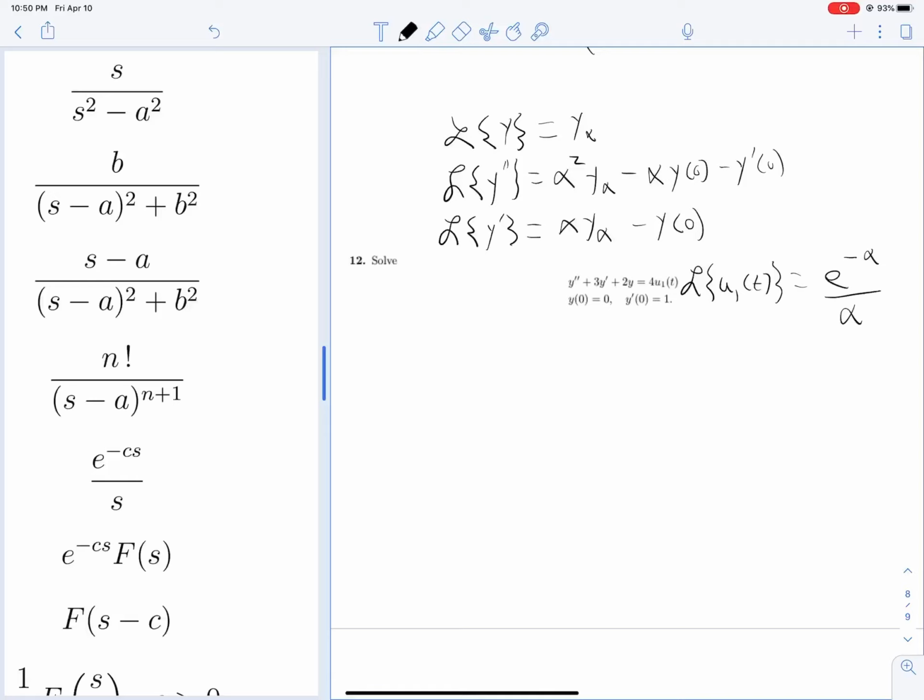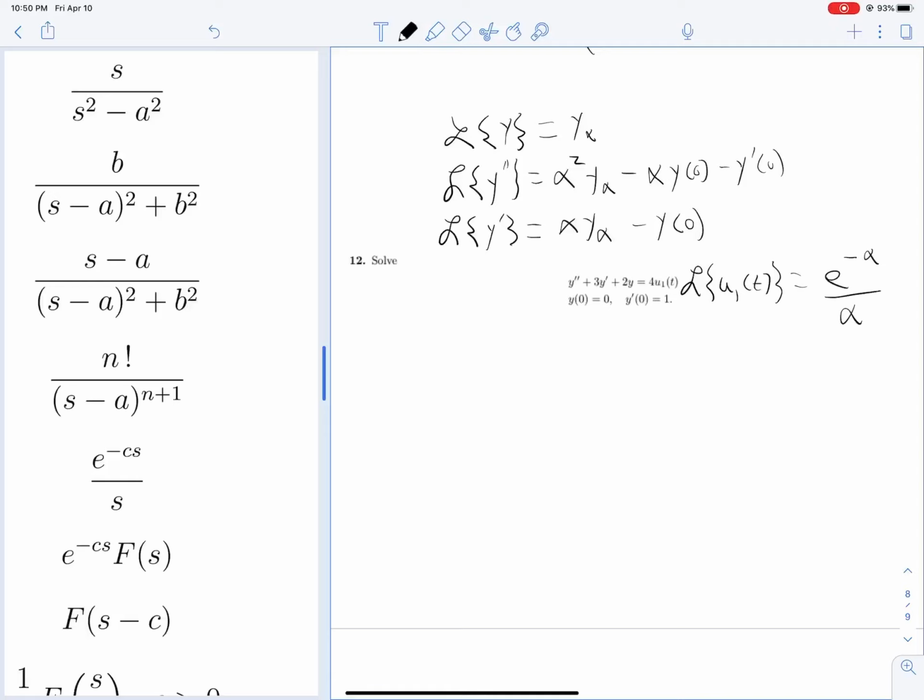So we can plug these three in, take the Laplace transform of both sides of our differential equation, and get something ridiculously complicated that in about 20 minutes we'll have solved.